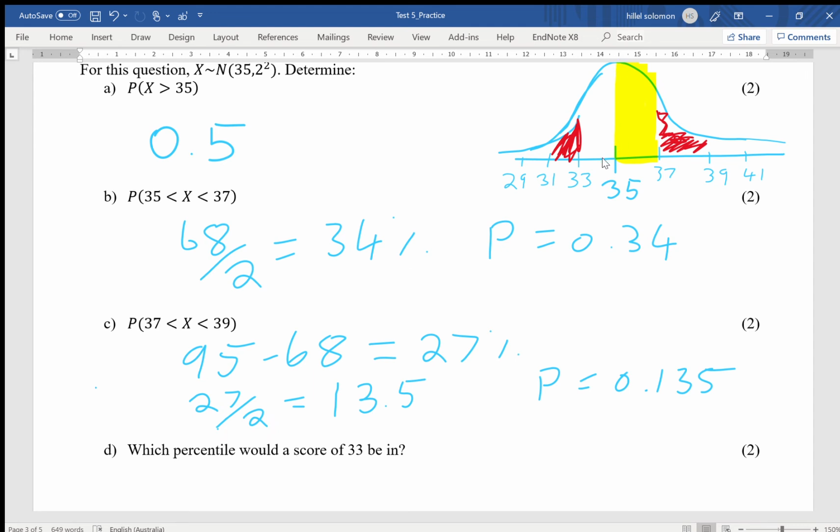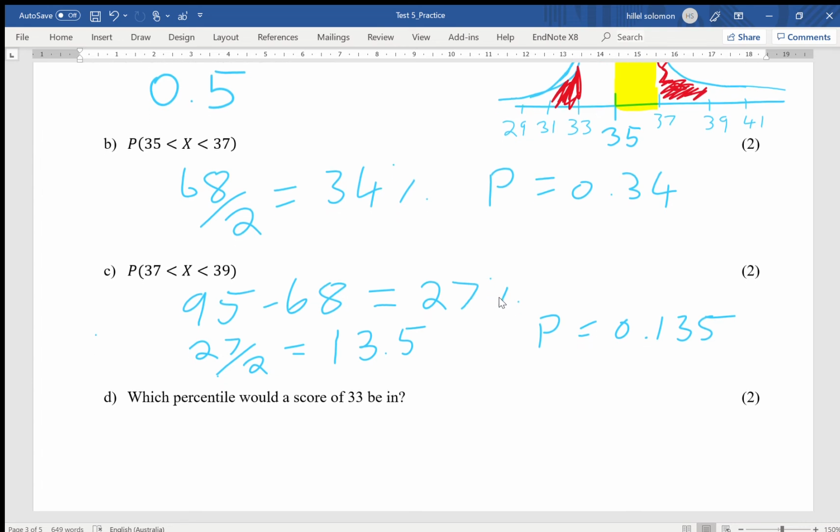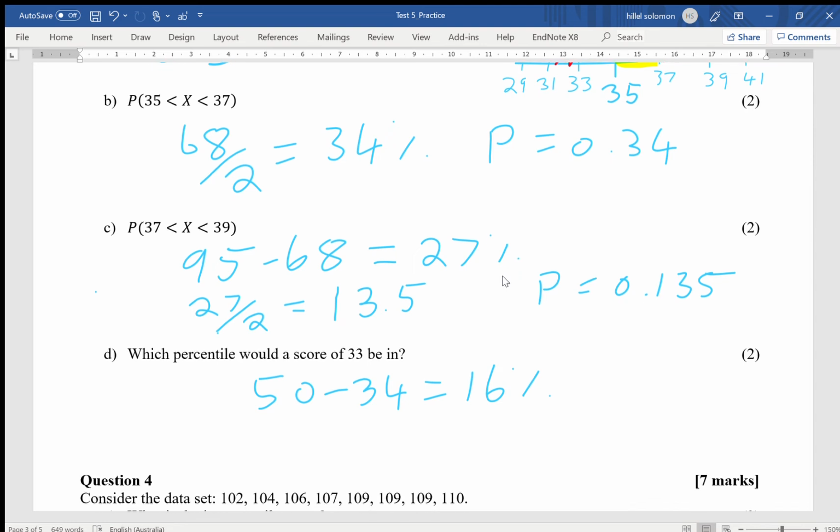So 50 minus 34 gives me 16%. So a score of 33 lies above 16% of the scores. Therefore, the score of 33 would be in the 16th percentile.